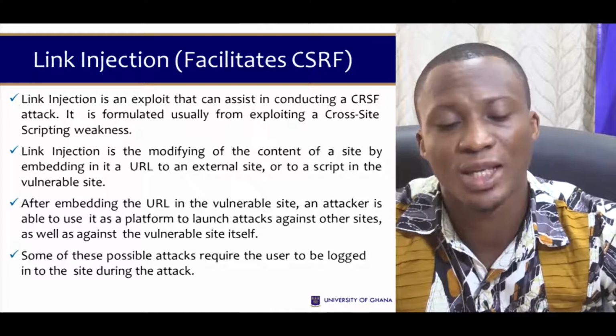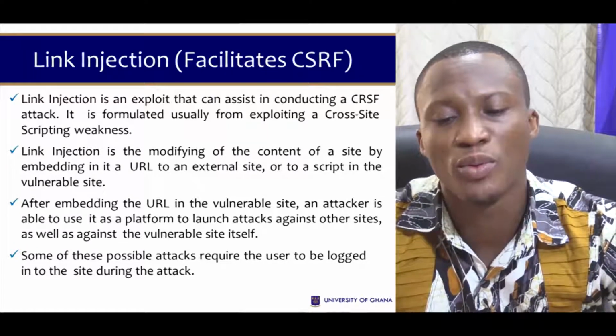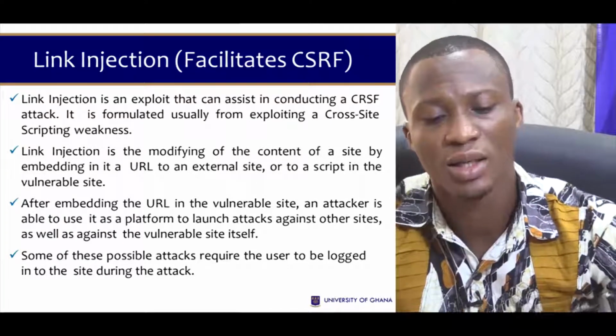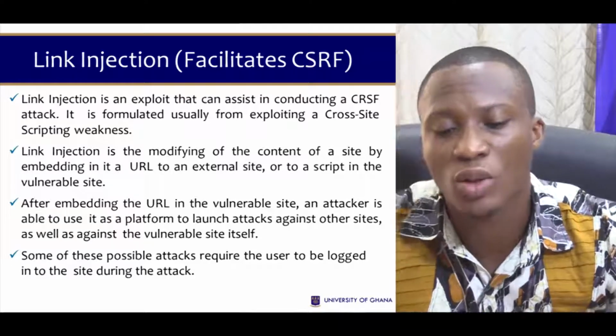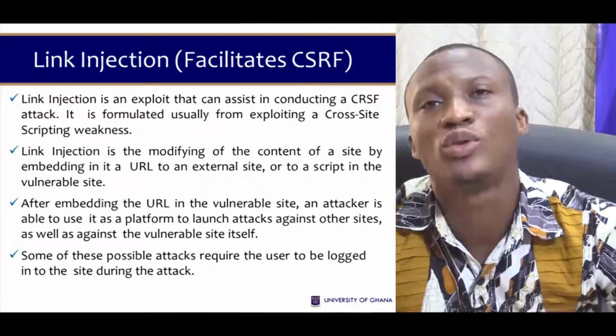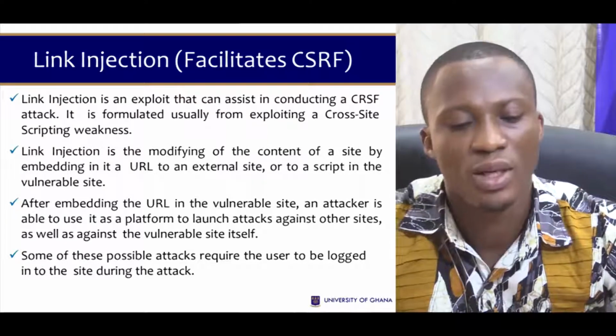Once that is exploited, the site becomes vulnerable to cross-site request forgery. Link injection is the modifying of the content of the site by embedding in it a URL to an external site or to a script in the vulnerable site.